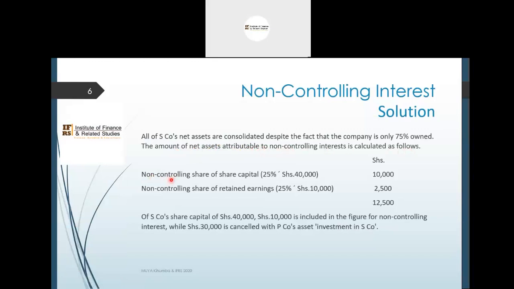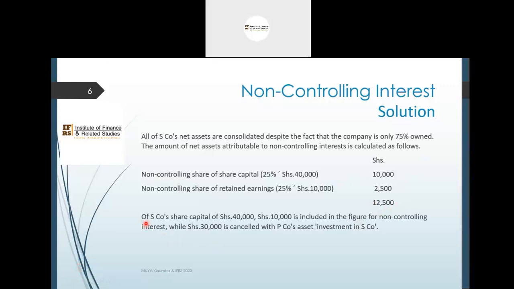We've got the non-controlling share capital, 25% of shillings 40,000, which gives us 10,000. And the non-controlling share of retained earnings, which is 25% of 10,000, is 2,500. We get a non-controlling interest figure of 12,500.